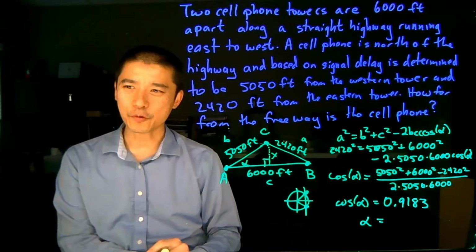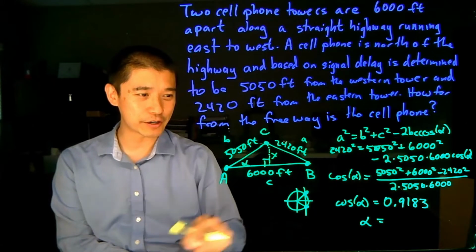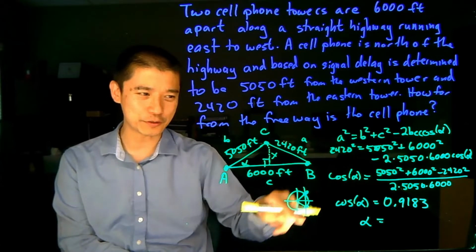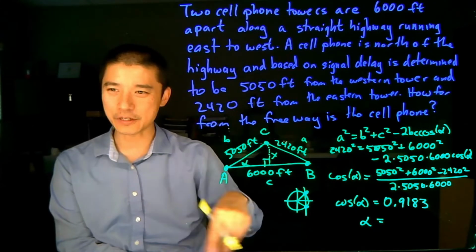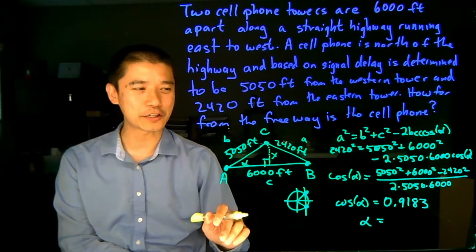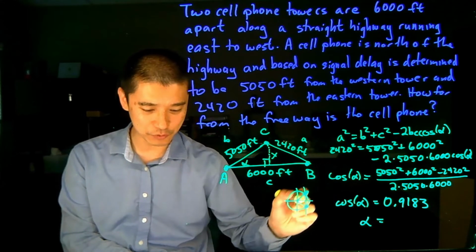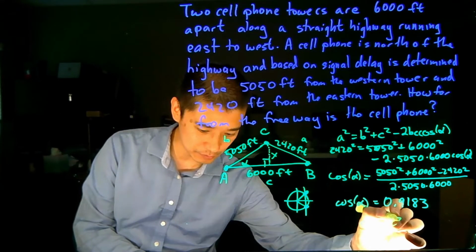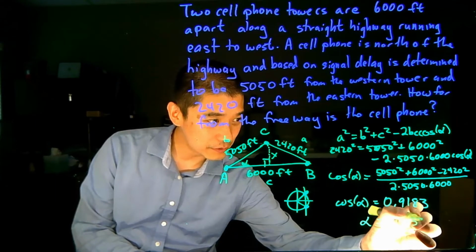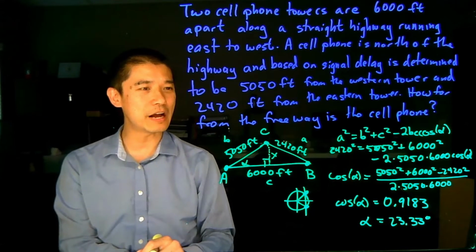The quadrant 4 value in this case isn't going to be very meaningful, because this is supposed to be inside a triangle. If you have an angle in quadrant 4, it's either going to be a negative angle or an angle bigger than 270 degrees. Either way, this makes no sense in the context of this problem. And so we can just say, okay, we really just want the top angle, which is 23.33 degrees. All right, so that's your value of alpha.